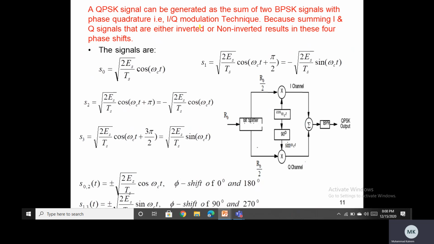So a QPSK signal can be generated as the sum of two BPSK signals with phase quadrature, meaning 90-degree phase shift. So this is also called IQ, in phase and quadrature phase modulation technique, because summing I in phase and quadrature phase signals that are either inverted or non-inverted results in four different phase shifts. Let's look at the diagram.